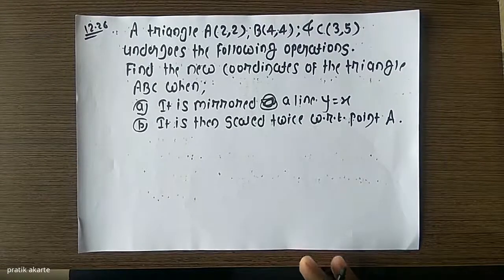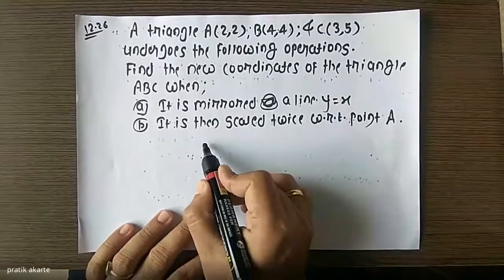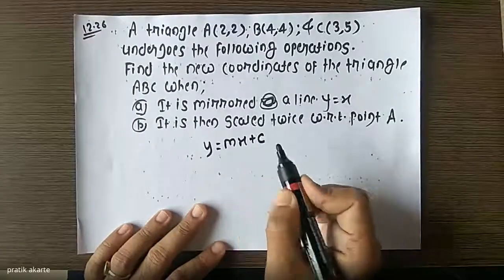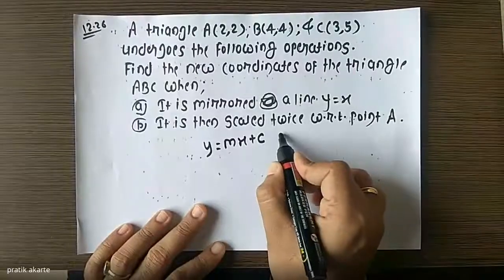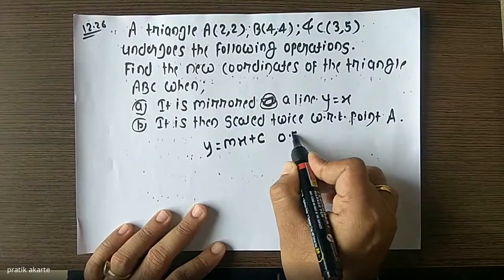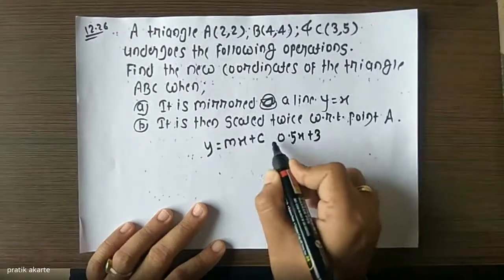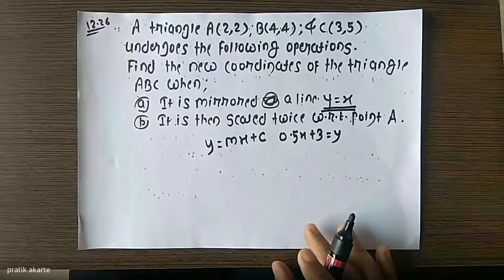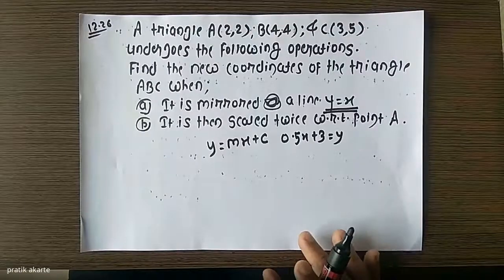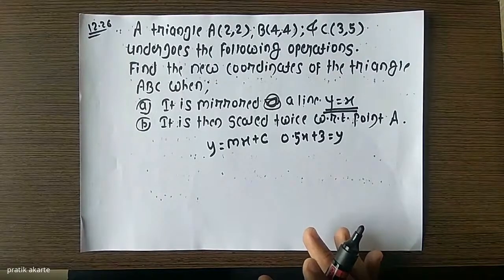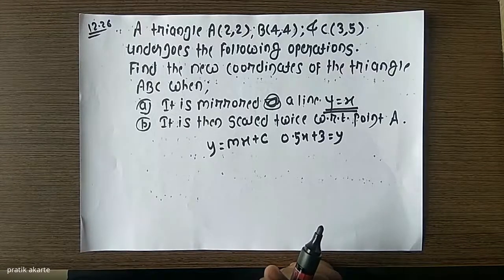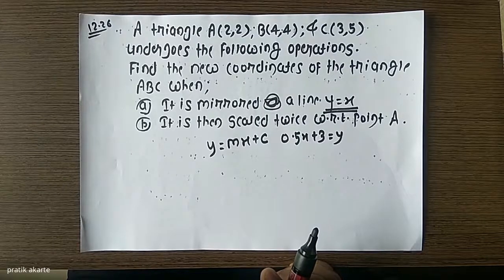Okay. So till now we have discussed the equation of the line as y is equal to mx plus c. So we have solved some problems like 0.5x plus 3, but here they have made a change: y is equal to x, no slope and no y-intercept. So we have to mirror the triangle with given vertices about a line having equation y is equal to x.